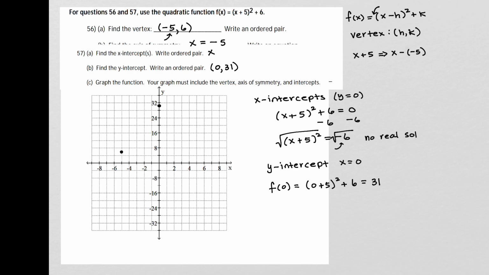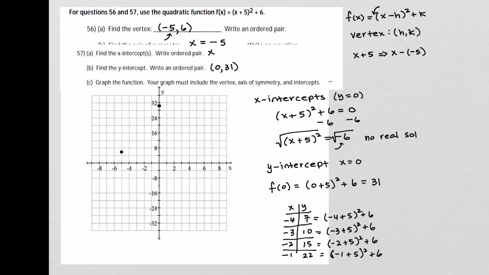I'm going to put in negative 4, negative 3, negative 2, and negative 1. And let's see what we get.